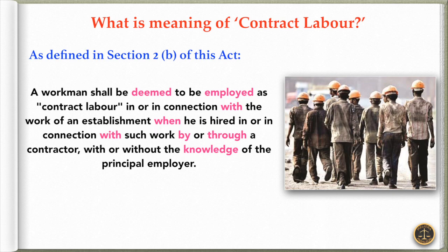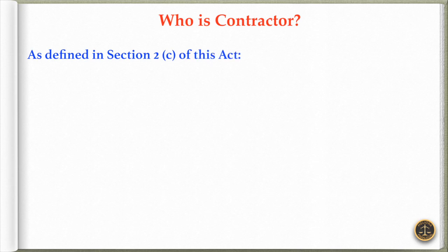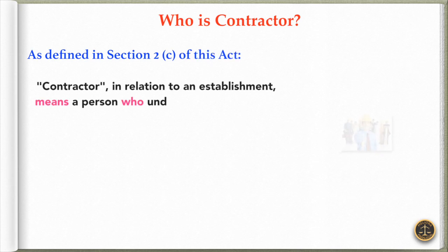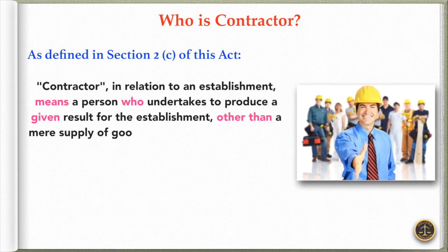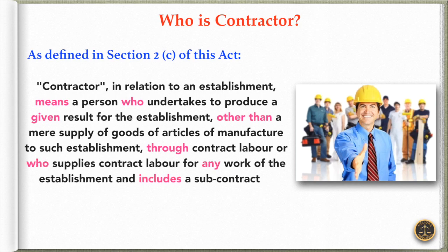Now, the question is, who is a contractor? As defined in Section 2(c) of this Act, a contractor in relation to an establishment means a person who undertakes to produce a given result for the establishment, other than a mere supply of goods or articles of manufacture to such establishment, through contract labor, or who supplies contract labor for any work of the establishment, and includes a subcontractor.